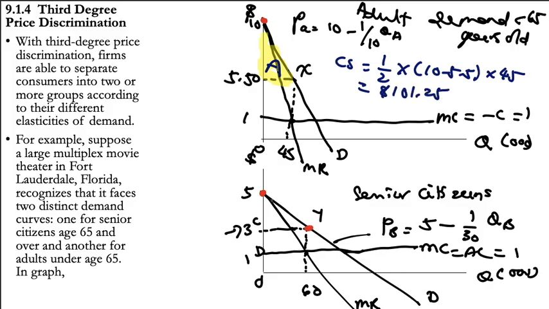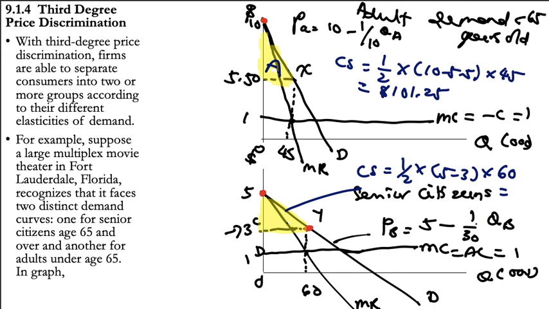What about the second one here? If I were to color it yellow as well, the consumer surplus area will be this. Okay, and let's calculate the consumer surplus here. Consumer surplus here is 1/2 multiplied by (5 minus 3) and then multiplied by quantity 60. What do you get here?